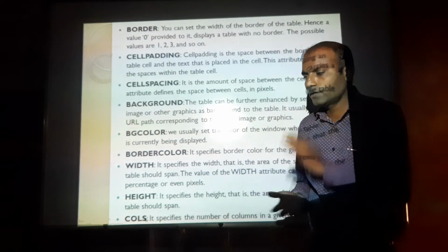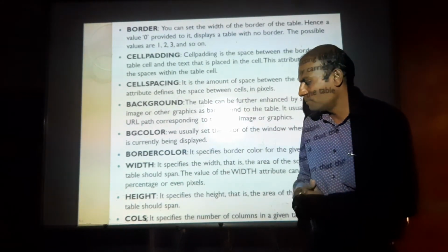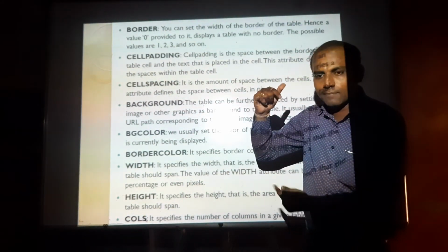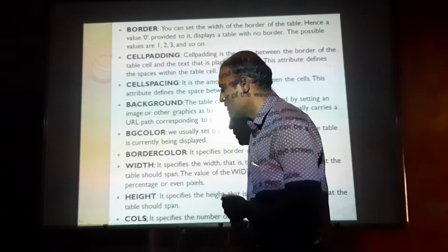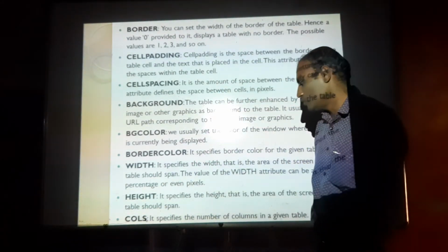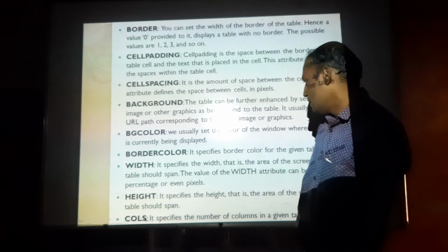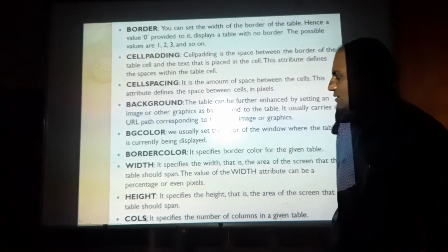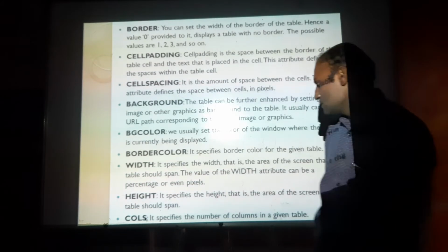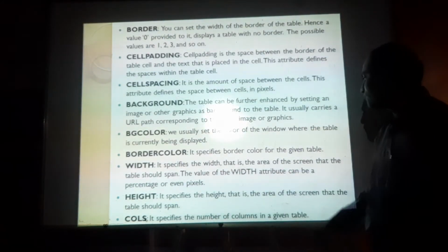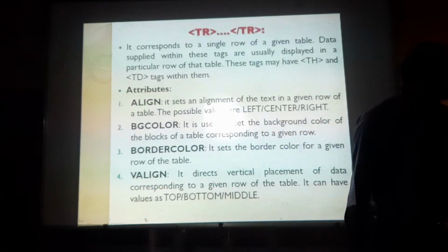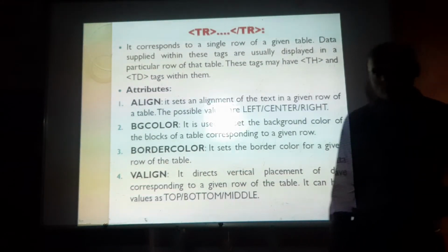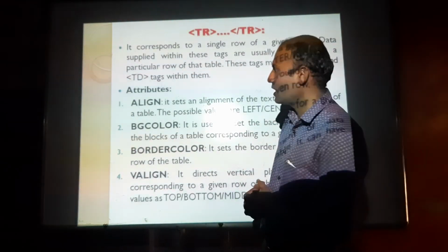So for increasing or reducing the height of the table, you can use the height attribute to set the height of your table. Next is cols, C-O-L-S, which specifies the number of columns in a given table. How many columns you have given in the table is specified by cols.